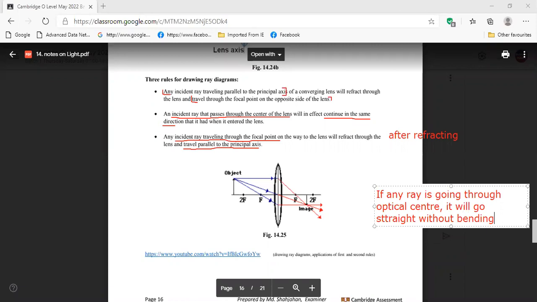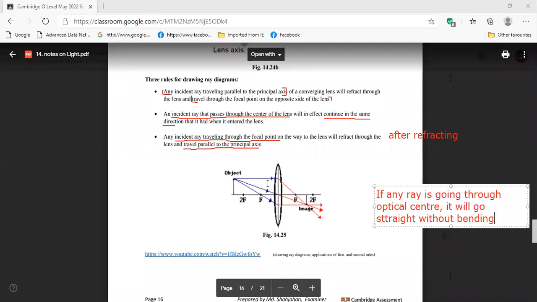After this ray, we have the third ray, the one which is going through the focal point on the left side. When it refracts and goes to the other side, it will be parallel to the principal axis.